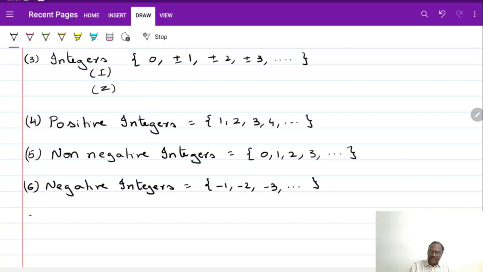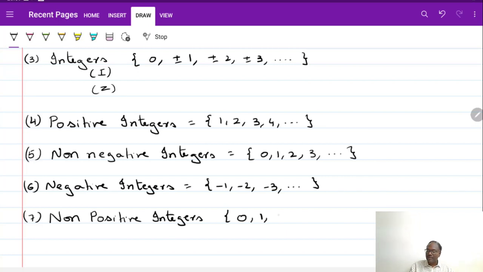And again, if we say non-positive integers, the non-positive integers again include 0, because they don't include positive integers, they include 0.